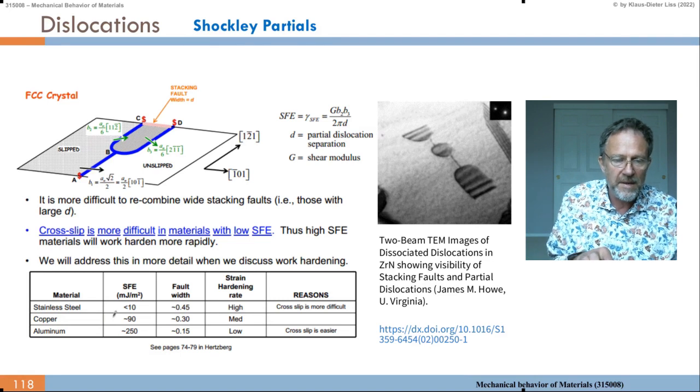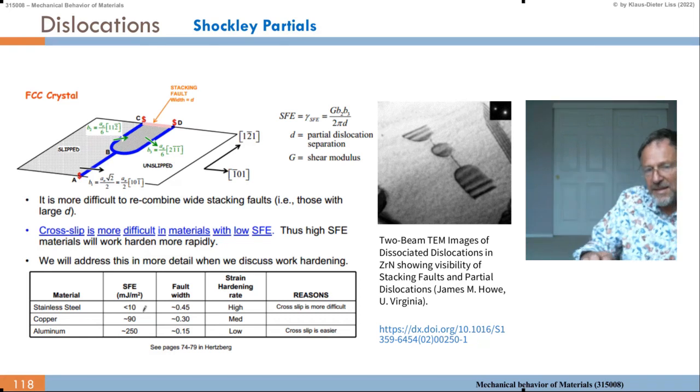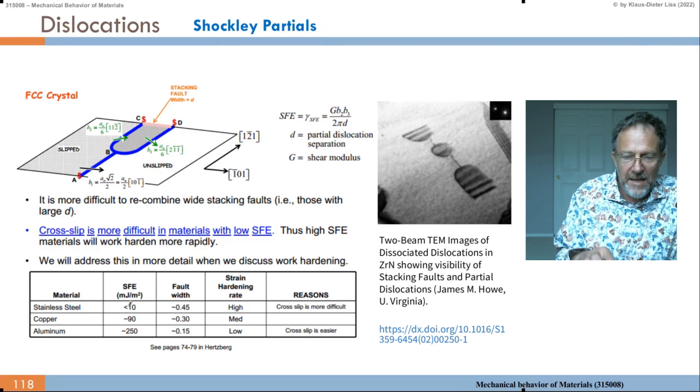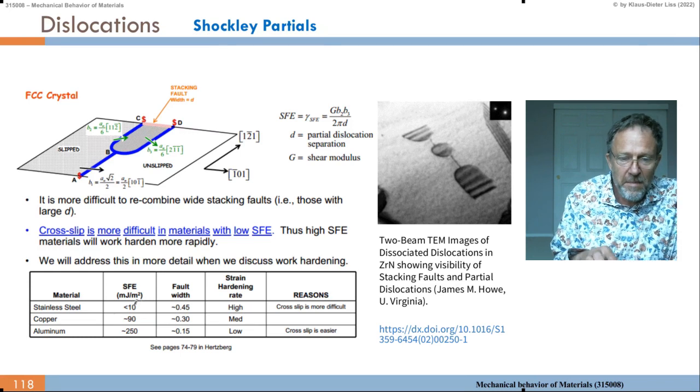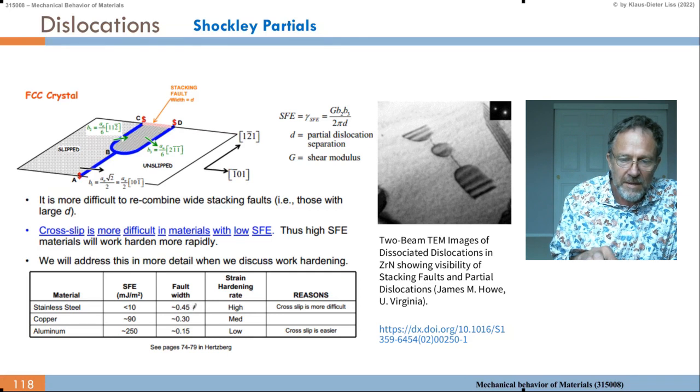And here some numbers. For stainless steel, stacking fault energy is low. It's smaller than 10 millijoule per square meter. It also undergoes martensitic transformation because of the low stacking fault energy, but that's a different deformation mechanism. So with low stacking fault energy, the fault width is 0.45 nanometer, so 4.5 angstrom, and the strain hardening rate is high.